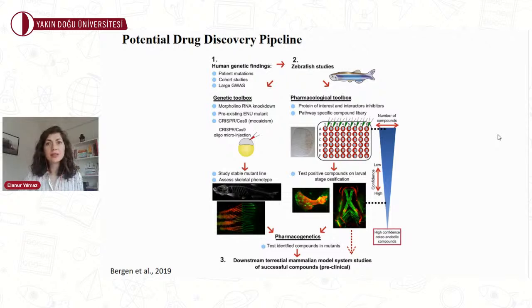To prove these variants, you need to find more than one patient or you need to do functional analysis to prove the relationship between the variant and the disease. You can also find variants from cohorts or large GWAS studies. And when this is the case, zebrafish can provide a primary testing platform, both genetically and pharmacologically.